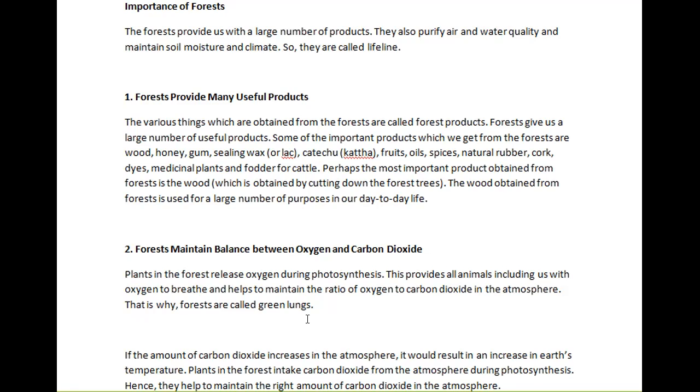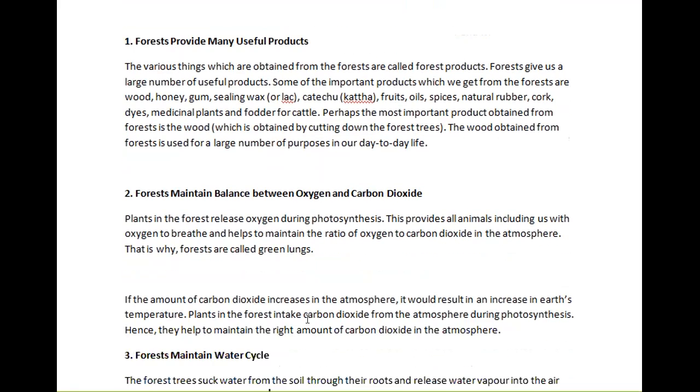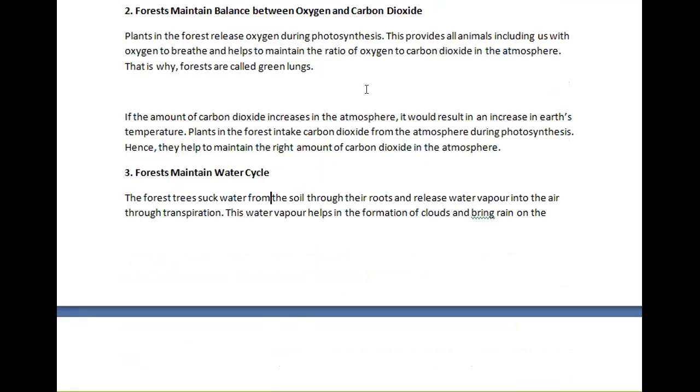Honey, gum, berries, and they are the source for balance between oxygen and carbon dioxide. They are the main source of the water cycle.